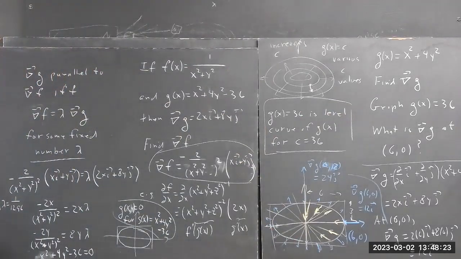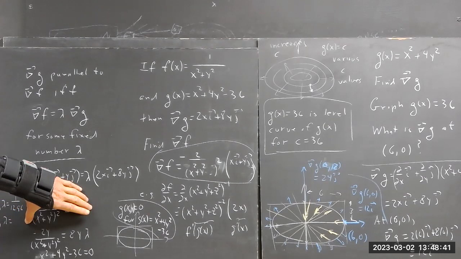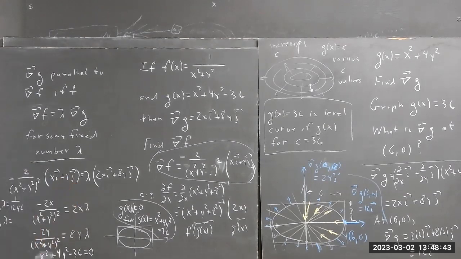Okay, and then here, x would be 0, y would be plus or minus 3. Because if x is 0, then this one's satisfied. So whatever satisfies this, you've got to get lambda equals -1/4.